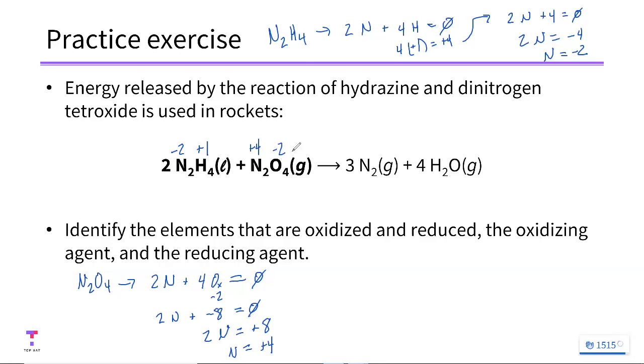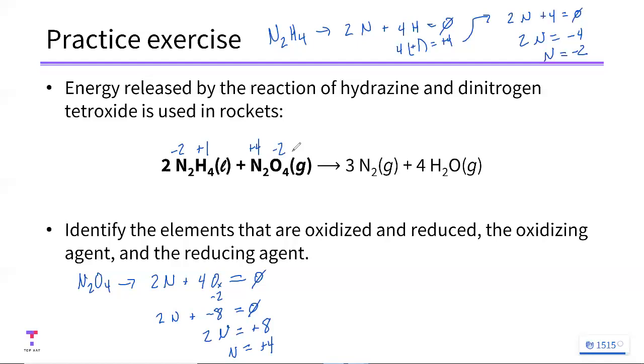What is the oxidation state for the nitrogen in the product? Isaac's got it. Does anybody else? It's an element, right?